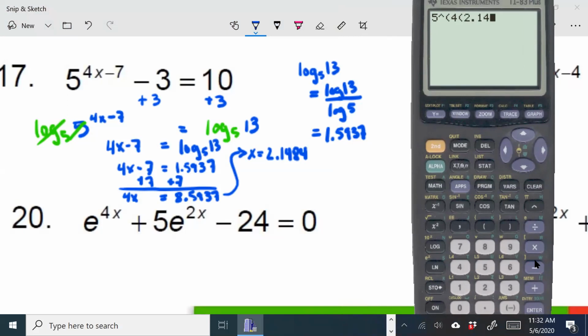Close the parentheses. Minus 7. And then close the other set of parentheses. And then subtract minus 3. Now I got 9.998. So that's pretty close to 10, which is what it needed to be equal to on the other side.